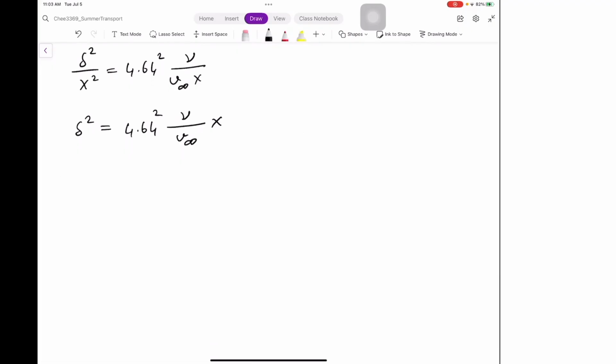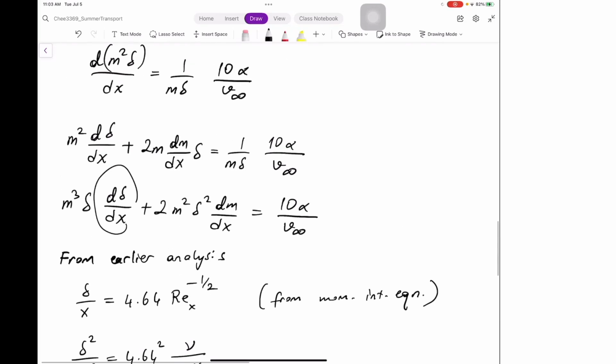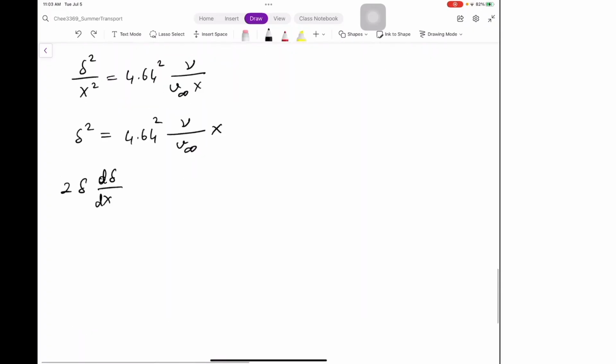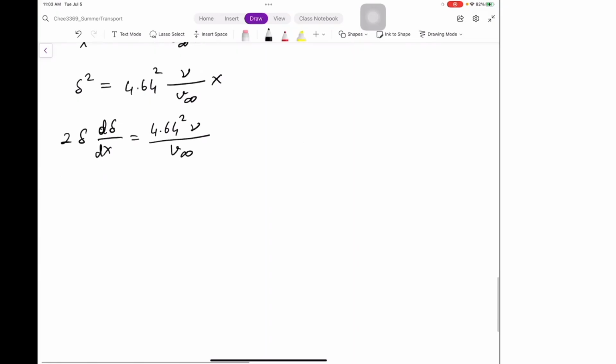And then from here, we knew that the derivative, the 2 delta d delta over dx, I just want to find out this derivative, is equal to 4.64 squared nu over V infinity, and the derivative of x is 1, so just neglect it.